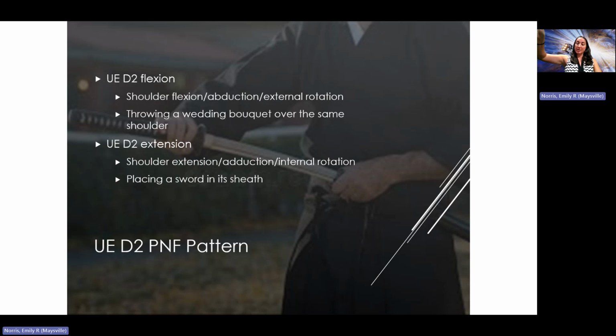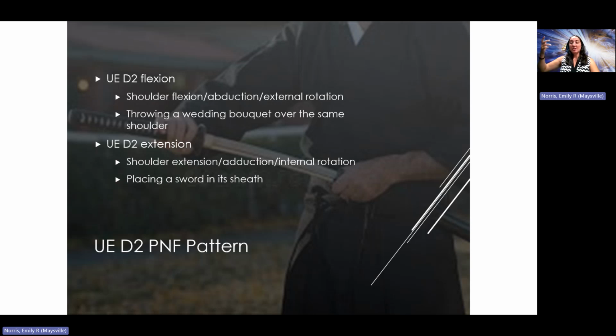And the extension is like you're putting a sword in your pocket. Something we might be more familiar with is putting on a seatbelt. You grab the buckle behind you and then you buckle it in at your waist. So putting on your seatbelt is D2. You put your scarf on first before you put your seatbelt on, if it's cold outside.